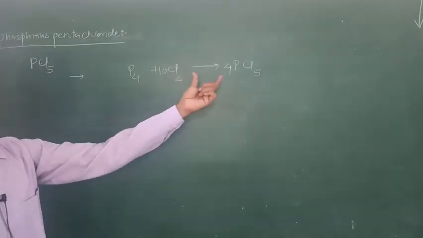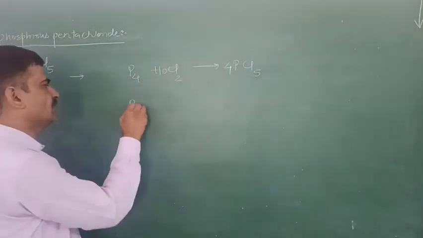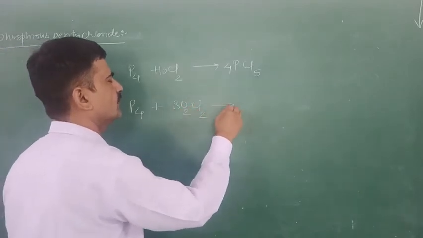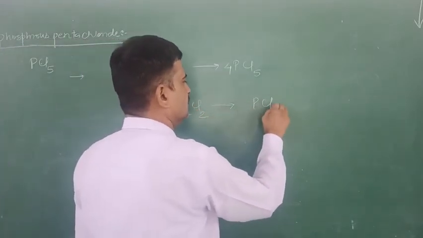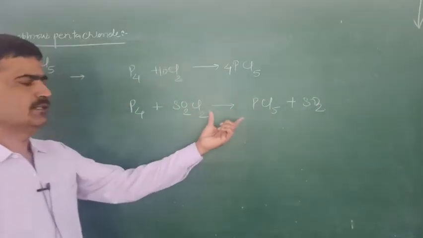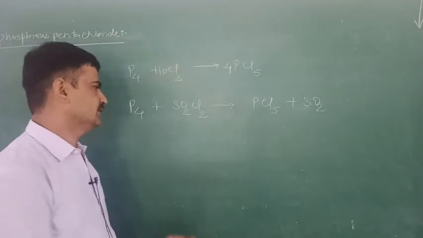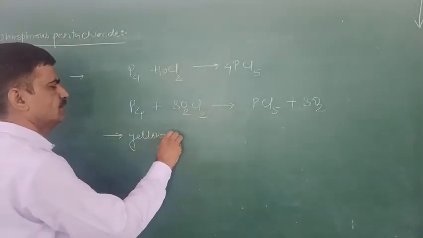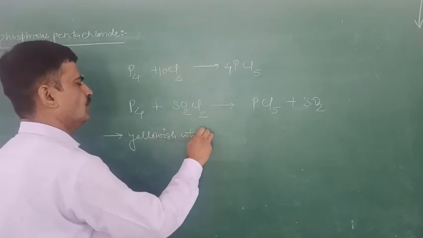It can also be prepared by reacting phosphorus with thionyl chloride, and this phosphorus pentachloride is a yellowish white powder.